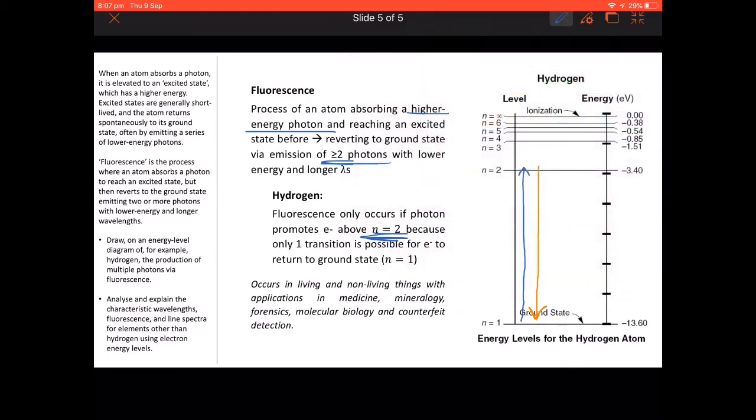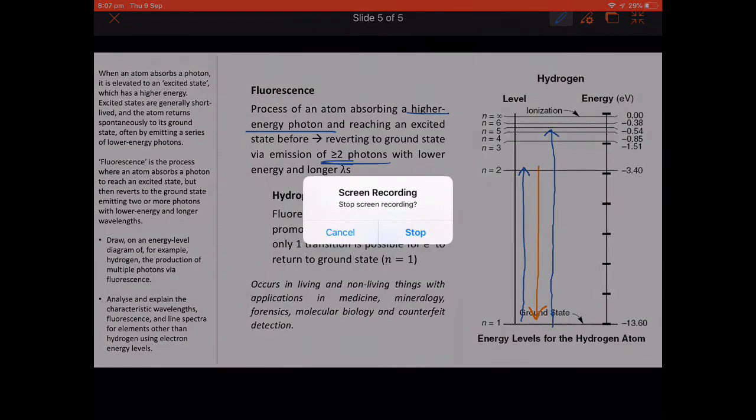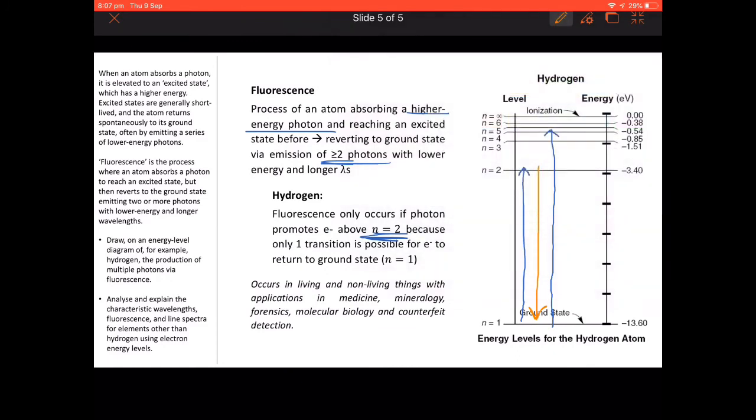If, for example, a photon was absorbed by a hydrogen electron and it went all the way to, I'm going to say, n equals 4, then it's possible for the electron to emit a frequency that corresponds with n4 moving to n3, and then n3 moving to n2, and then n2 moving back to n1.